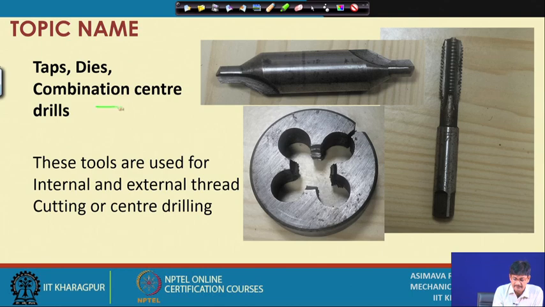If you have a material like this, a combination center drill will typically produce a hole of this type.